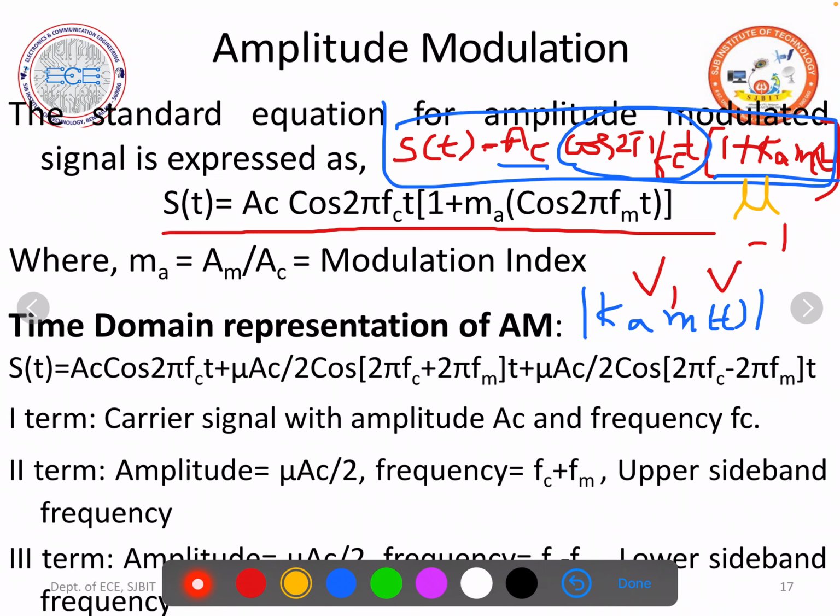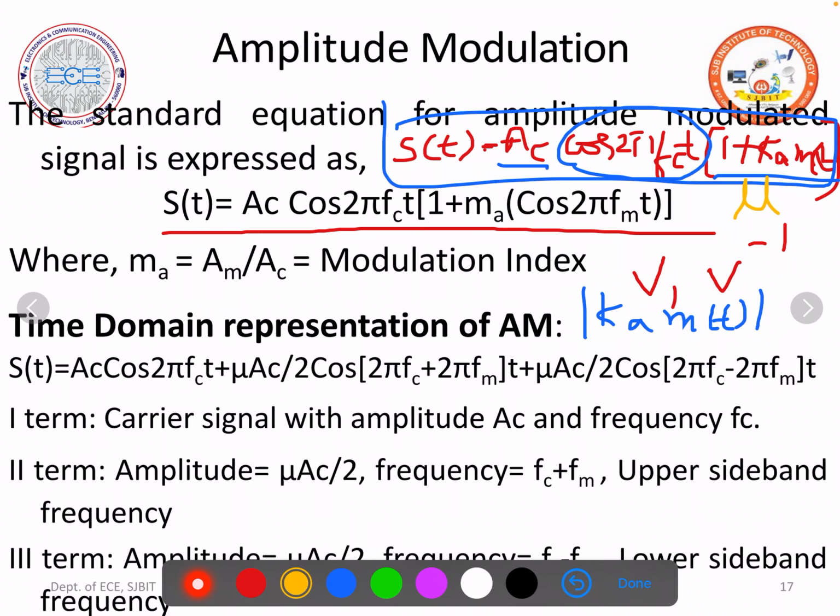When Ka into m of t is equal to 1, it means 100% modulation. When Ka into m of t is greater than 1, it means more than 100%. In that case, we call this over modulation. We also call this phase reversal of the envelope. We will see this concept afterwards.